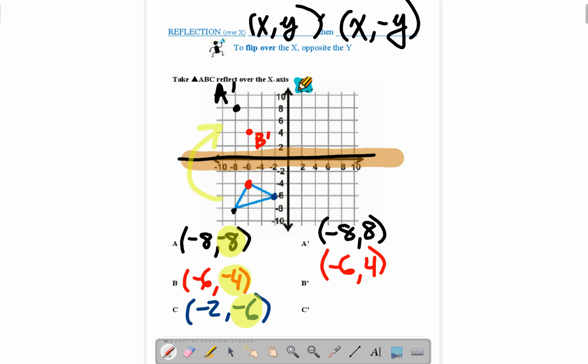B prime. C prime. So your final result here is it has been reflected across the x-axis. To flip over the x, you opposite the y.